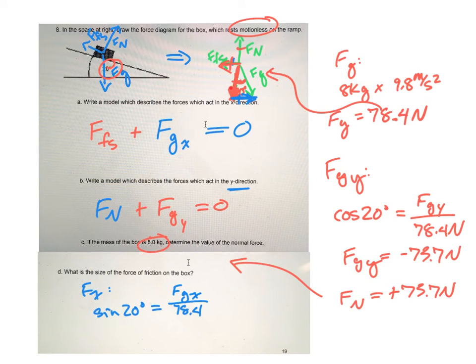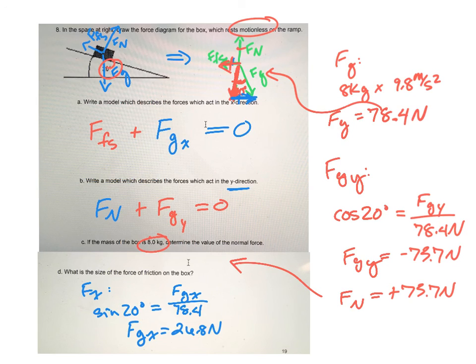So for this 20-degree angle, this opposite divided by this hypotenuse is the sine. So if you did that, 78.4 times the sine of 20, you get 26.8. So the force of gravity in the x direction was 26.8 newtons.